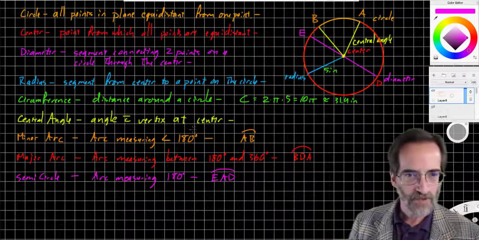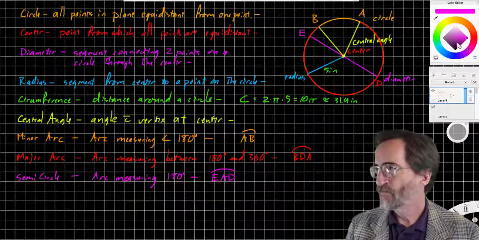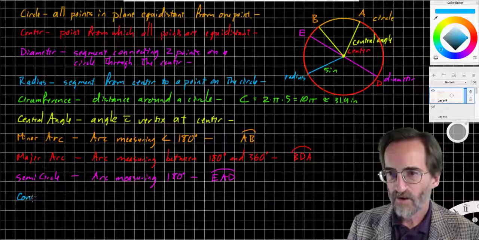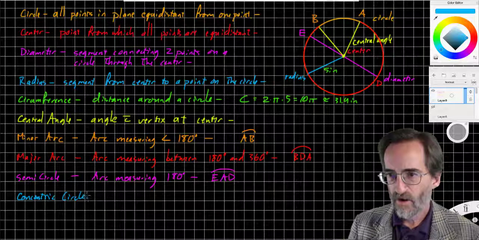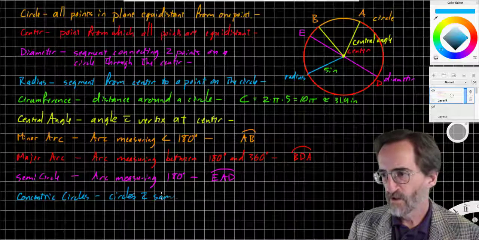Okay, now let's go through and catch the ones that I missed. Concentric circles. Circles with the same center.